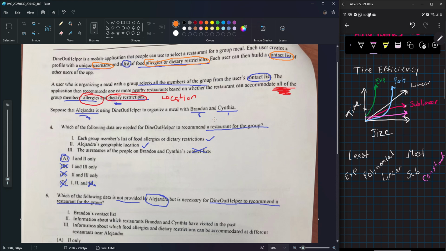So which information does she not provide that is needed? Right here, you could think of which information here does Alejandra not provide. She provides her location from her phone. She does not provide the dietary restrictions of the others, right?